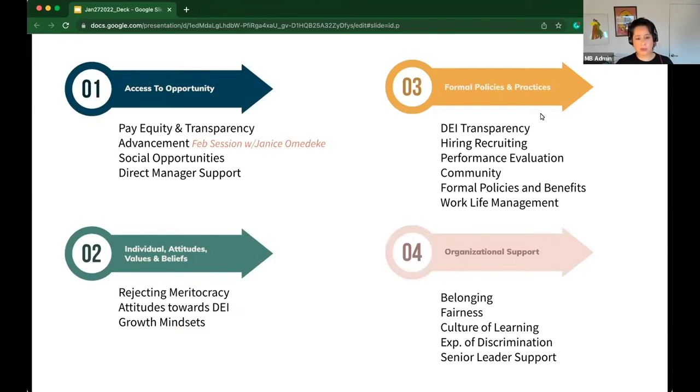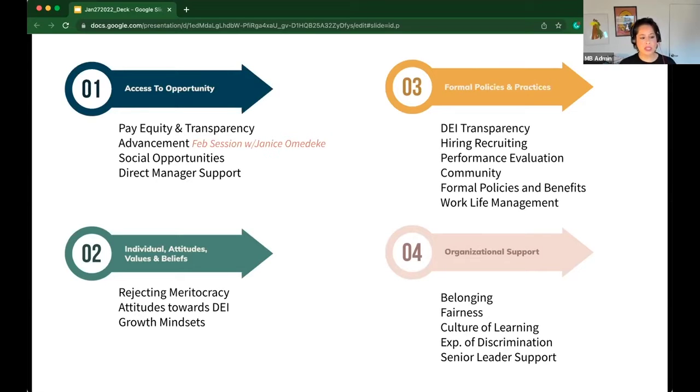And we're starting off with pay equity and pay transparency because, let's face it, good intentions do not pay the rent. We need to know whether our pay is equitable, and Fee's going to talk shortly about what that means, and the extent to which there is transparency inside of an organization.